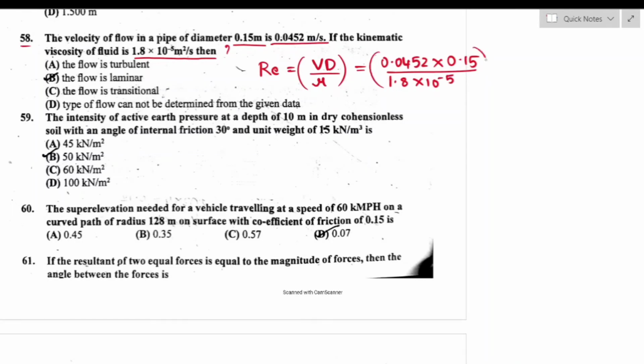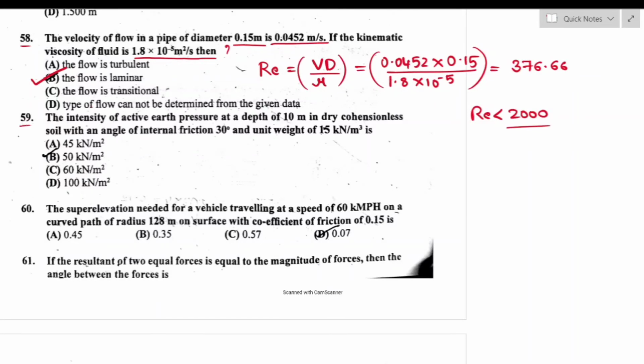So if you calculate this, the Reynolds number will be 376.66. Since the Reynolds number is less than 2000, the flow is considered as laminar flow. So option B is the right answer.